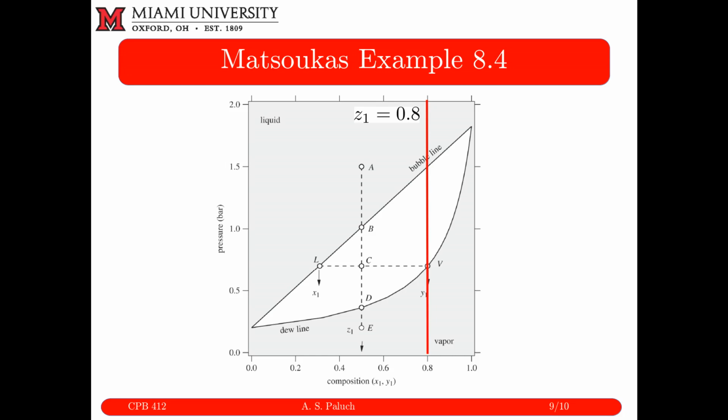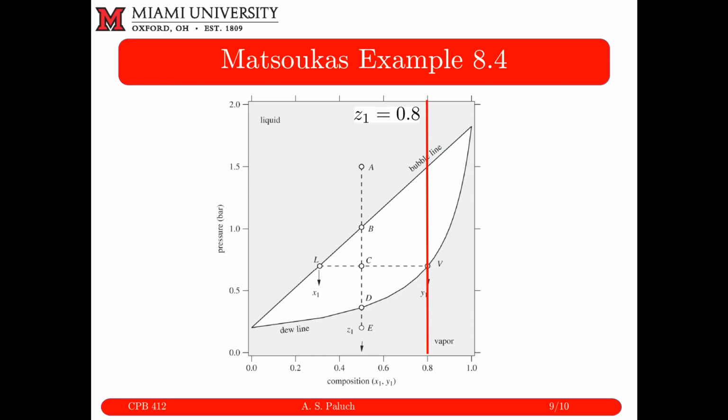Now in between my bubble point and my dew point, where I have a two-phase mixture, I'm still in a closed box where I have a liquid phase in equilibrium with the vapor phase. But if I look at the total system, the total number of moles within that system is still constant. The total volume is still the same. It's all still the same in terms of those extensive properties.